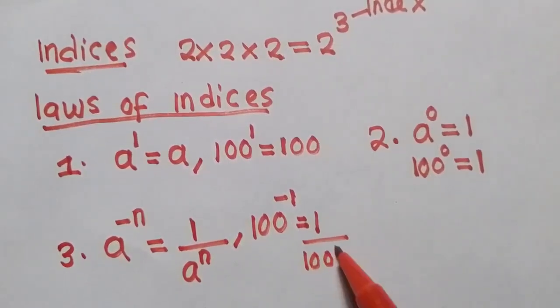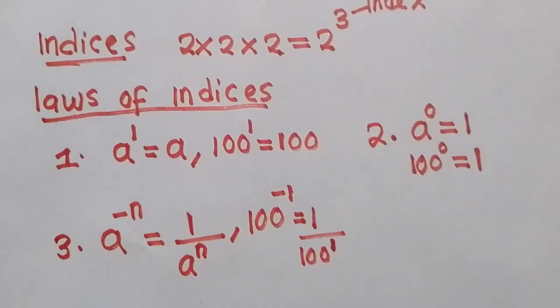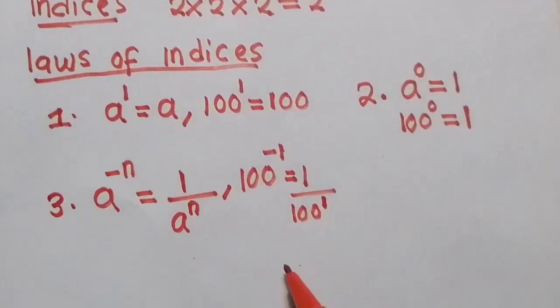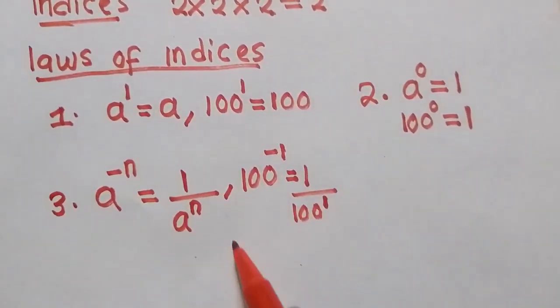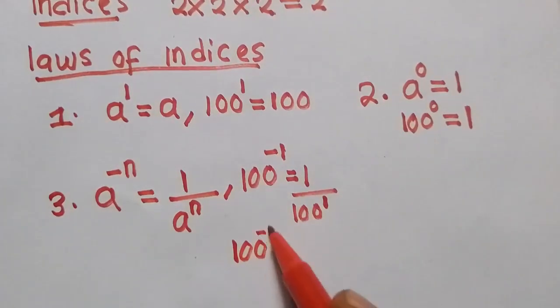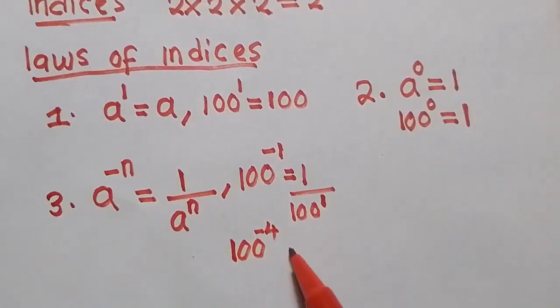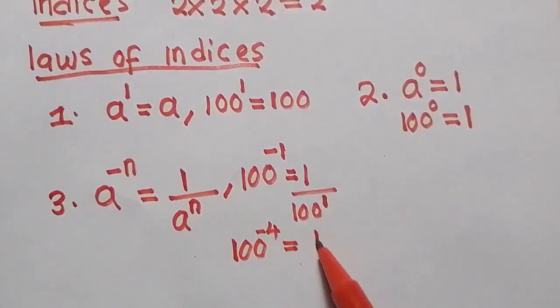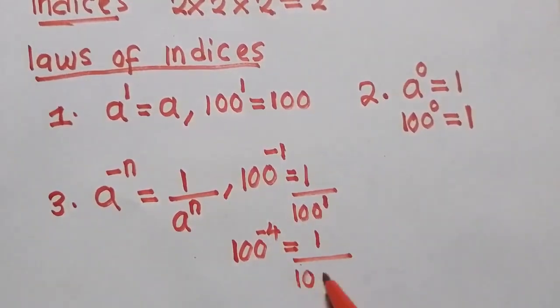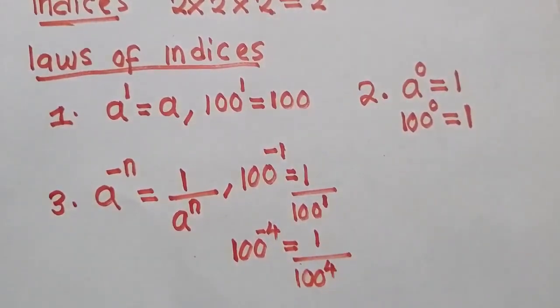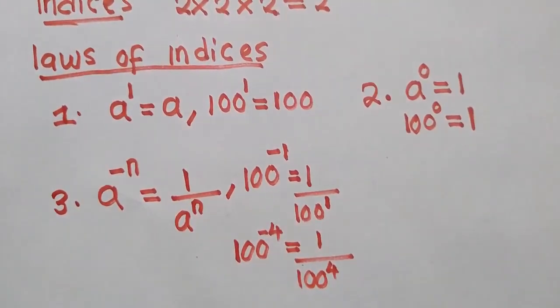Then the power 1 follows. Even if you've got 100 to the power negative 4, this is just the same as 1 over 100 to the power 4. So you are changing from a negative index to a positive index.